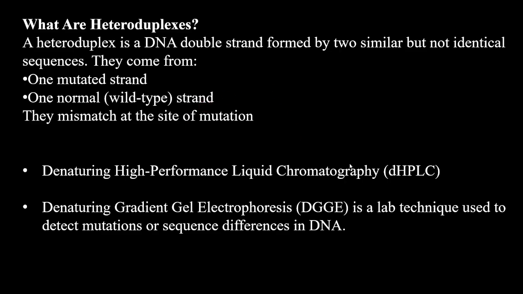So what will happen if you see here? Let's say this is the normal sequence, which has ACC, and the mutated sequence has AGC. This is just an example. When they mix together, they will form the heteroduplex.